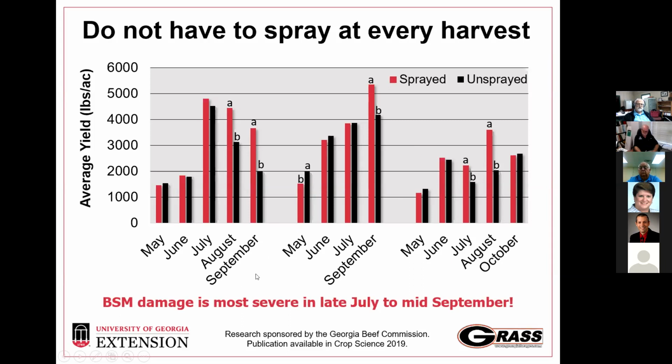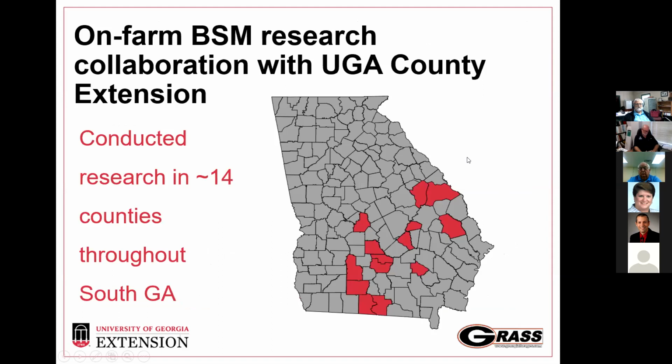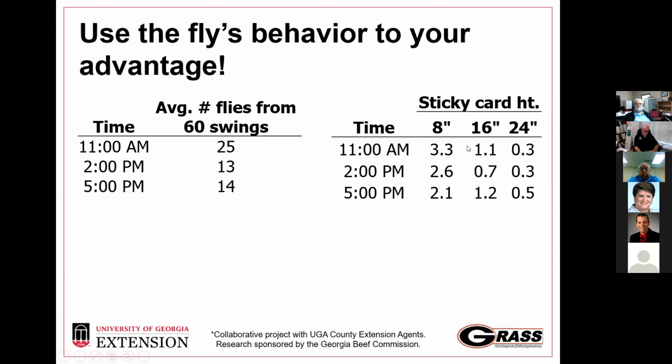When you're thinking about control strategies, knowing when that's going to happen influences the decision about when to make pesticide applications. There was on-farm research conducted in more than 14 counties, mostly in South Georgia.